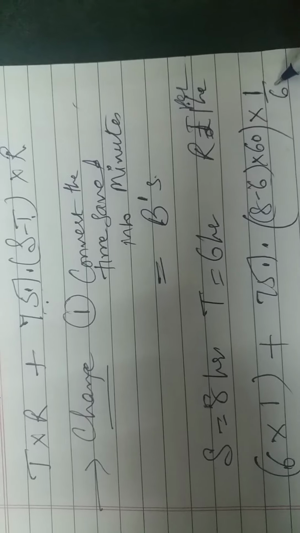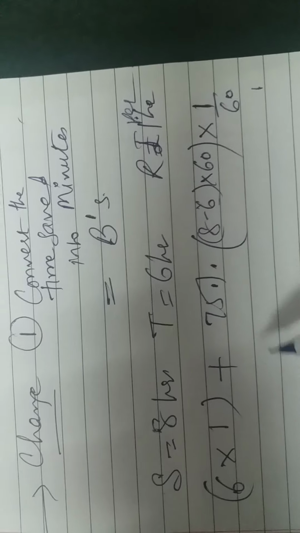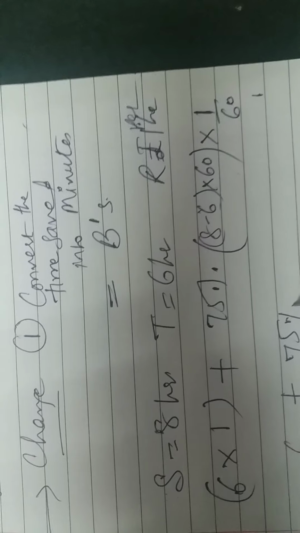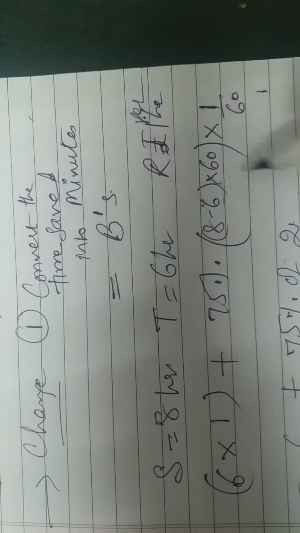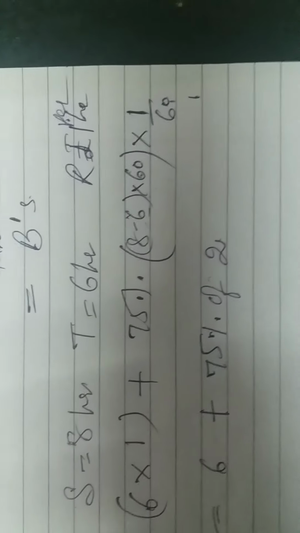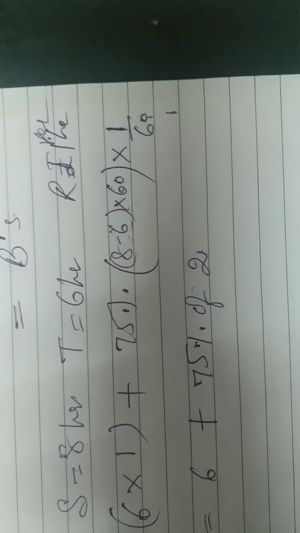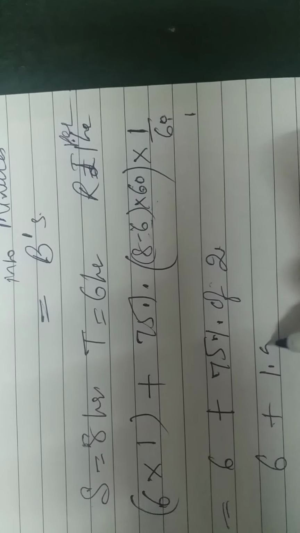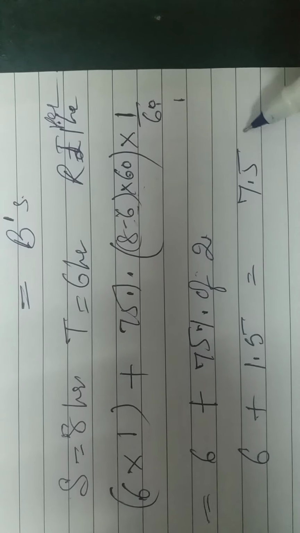And remember, we have to again write 60 over here. This is just in order to show the things are all the same. You can again say it is 2, because the 60 will cancel, and so we will be getting the bonus, 6 plus 1.5, that is 7.5. So this is the Bedaux.